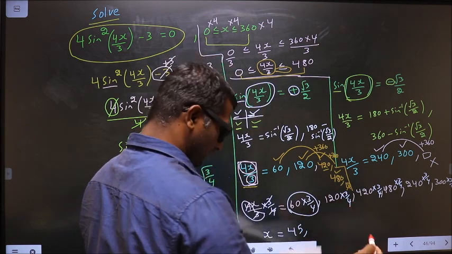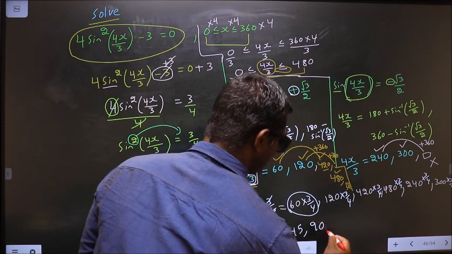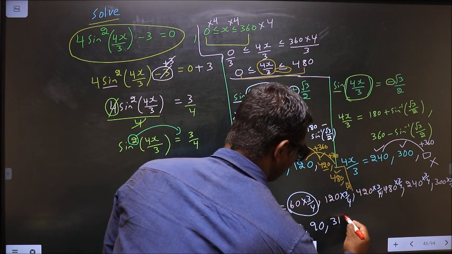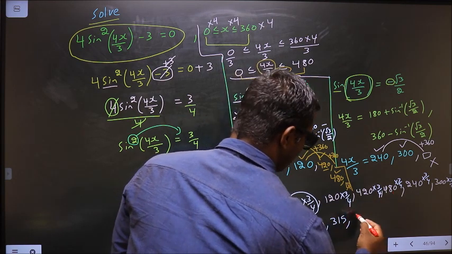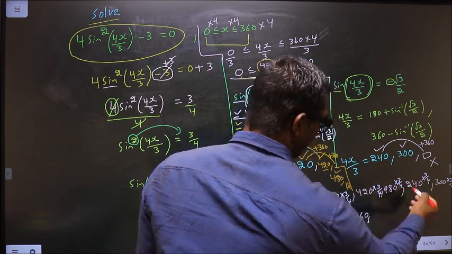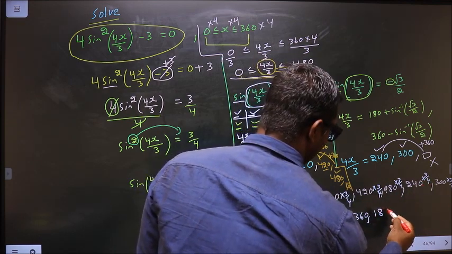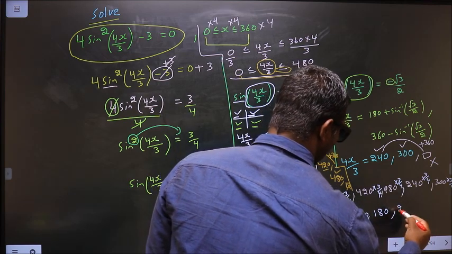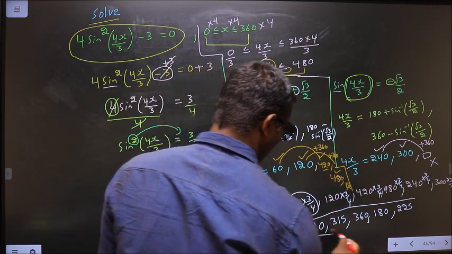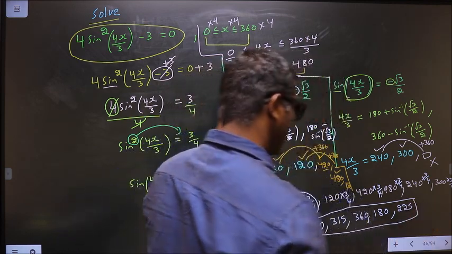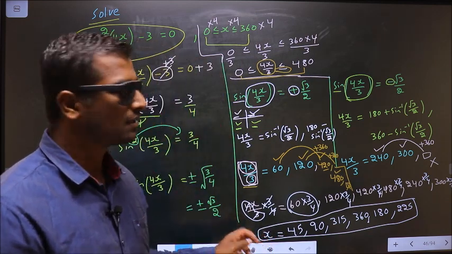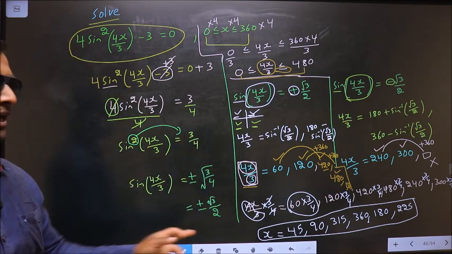Put this in the calculator, you get 90. Calculate this, you get 315. Calculate this, you get 360. Calculate this, you get 180. Calculate this, you get 225. So these are the values for x. This is our answer. Am I clear?